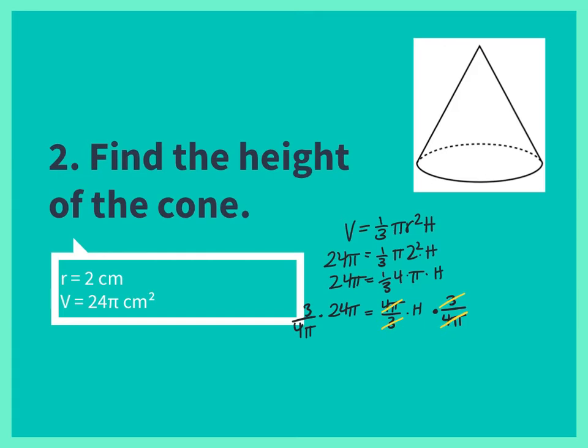So then I can come over to the other side and do a little simplifying as well. 24 and 4 can be divided by 4, so 24 divided by 4 is 6, 4 divided by 4 is 1. So now I have it a little bit easier. 6 times 3 is 18, and I can also see that these pi's reduce, so I'm left with 18 equals my height.